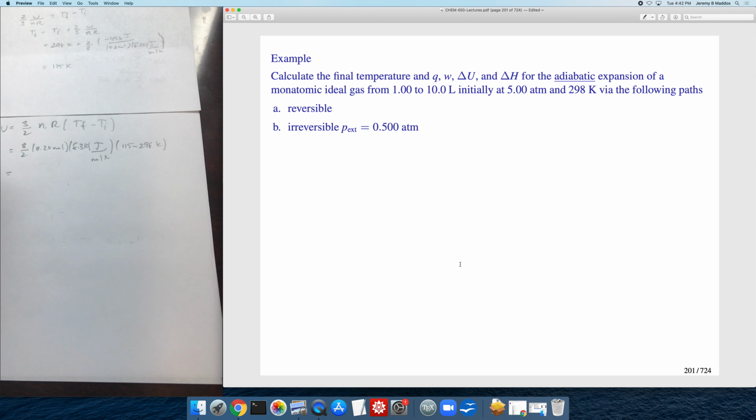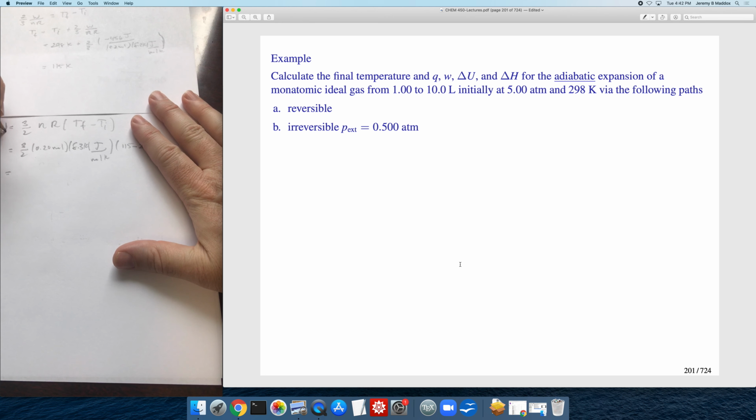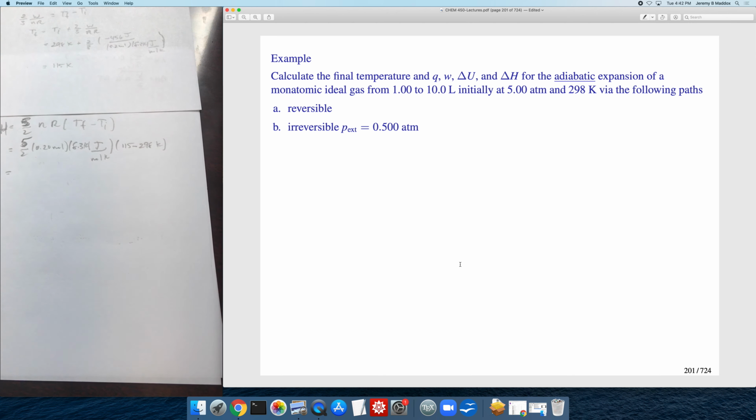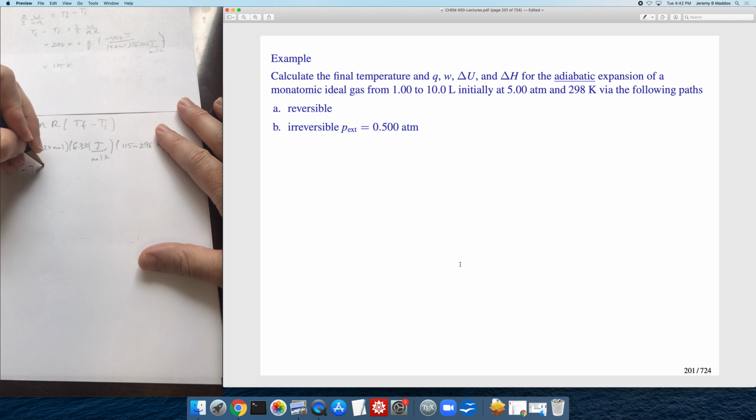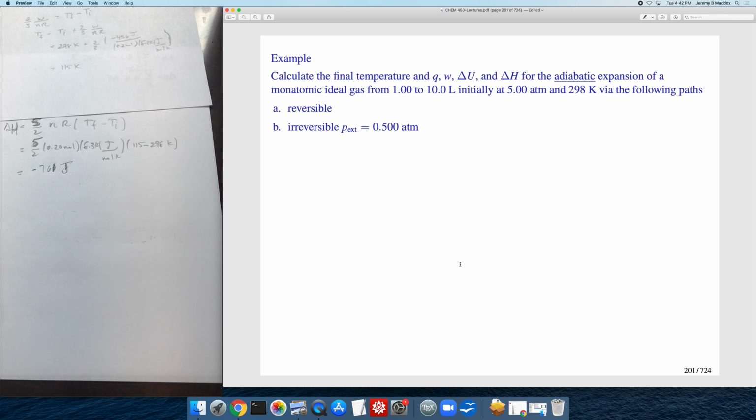I'm getting, well, of course I'm getting minus 456 because that's the same thing. I should have calculated delta H, which is 5/3. So we'll just multiply that by 5, divide by 3, minus 760. Probably 761 joules in this case. So there's the delta H calculation.